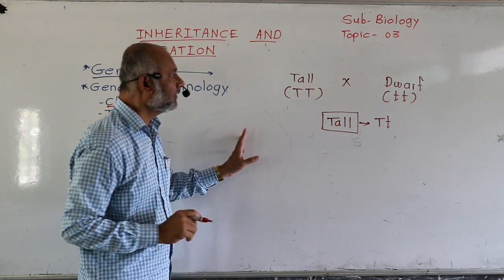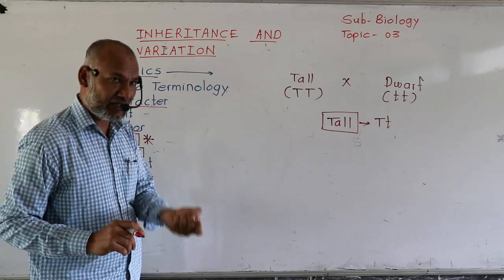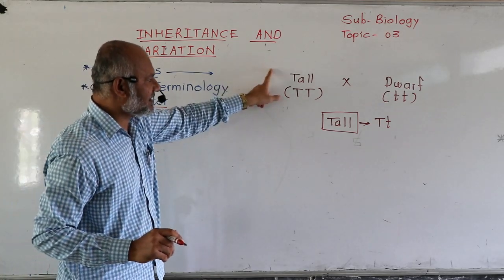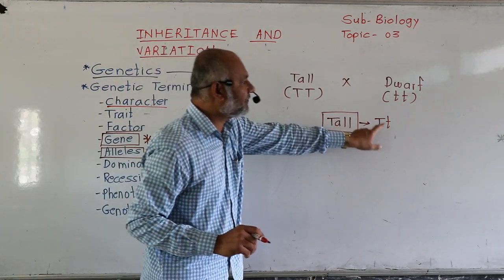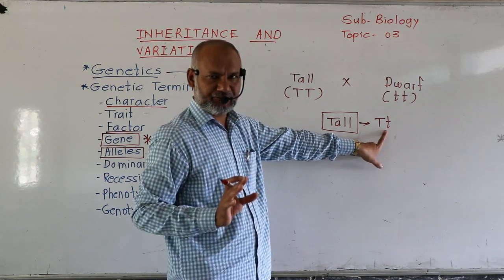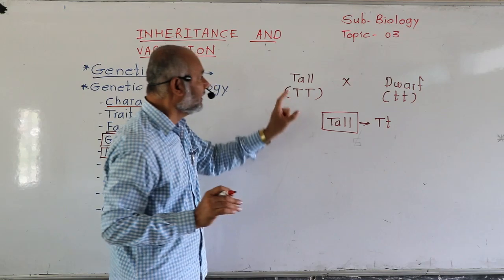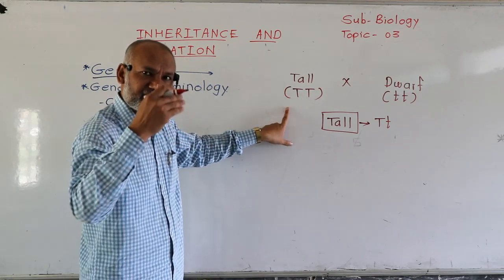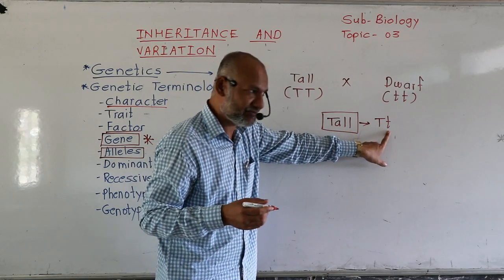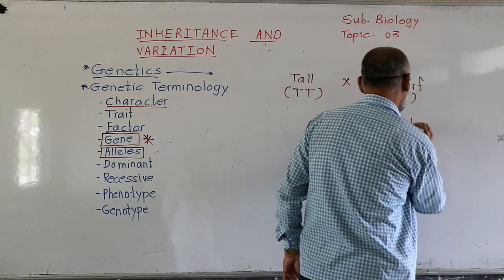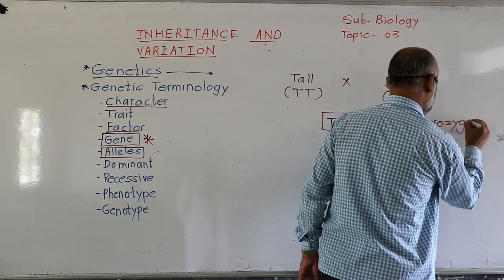Now, the dominant is the allele which expresses its trait even in the presence of its alternative allele. Understand carefully. What do I mean? The allele which expresses its trait even in the presence of its alternative allele. This condition is termed heterozygous.